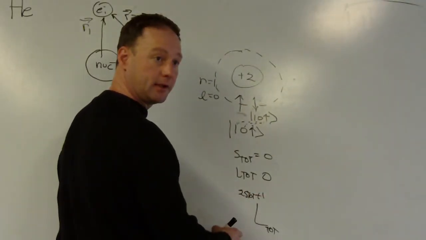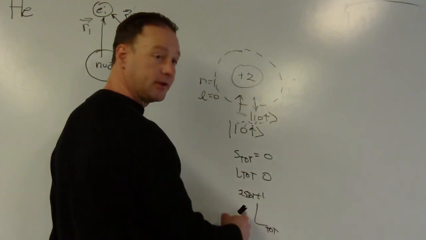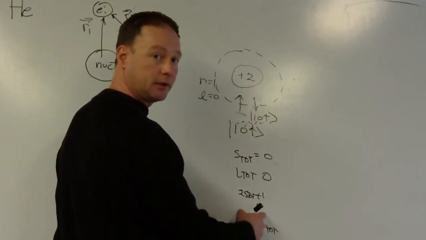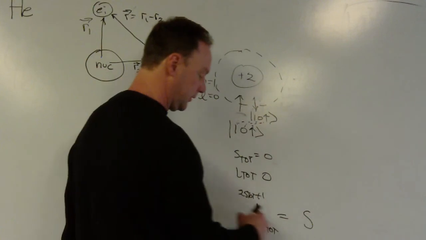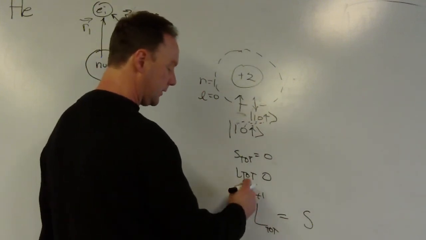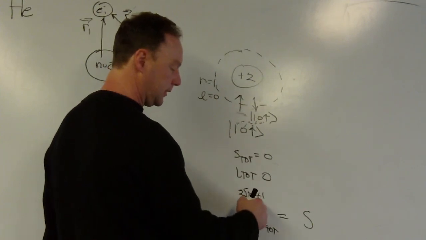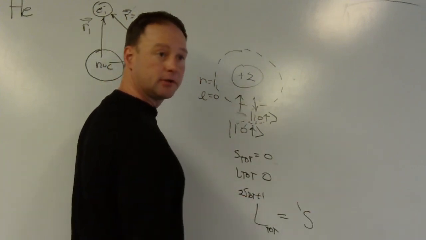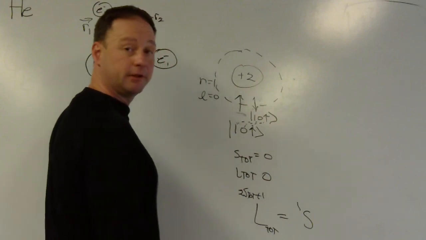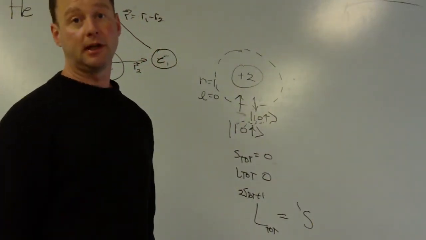This is the way you say it. So L total is a 0, and a 0 is an S, and the total spin is 0, so 2 times 0 plus 1 is 1. So the ground state configuration of helium is a singlet S.